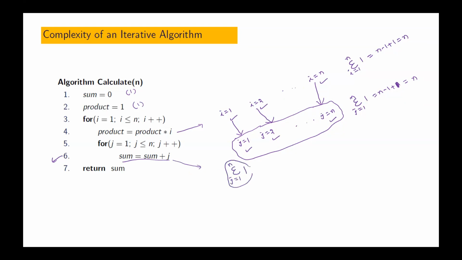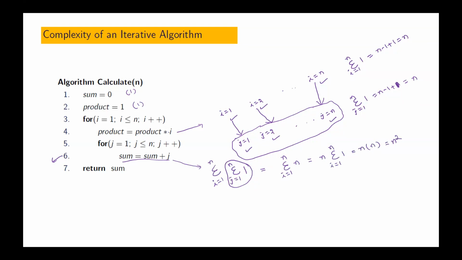But this entire thing is performed for each value of i, 1 to n. This value we know is n, so this becomes n into n. So it is n square. Is that correct? Yes, sir.